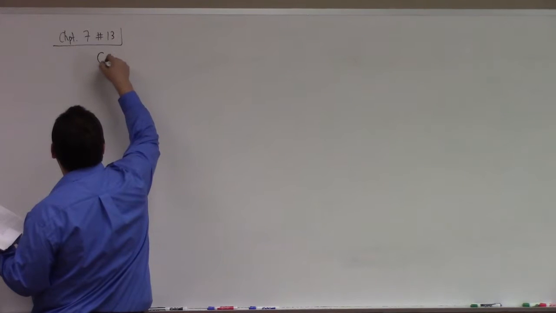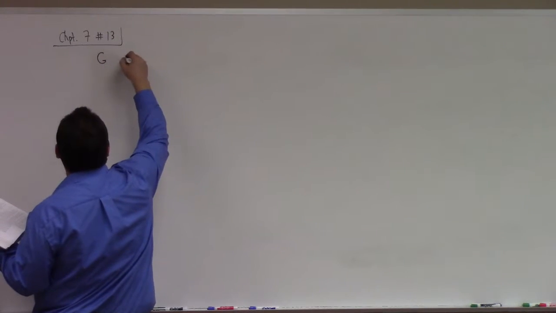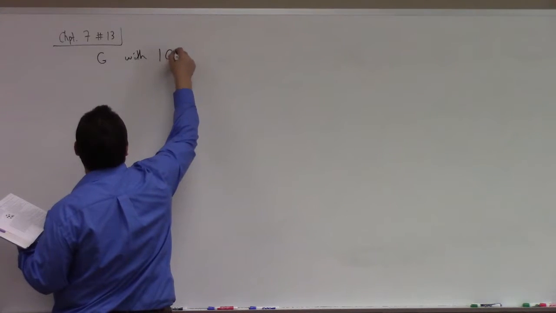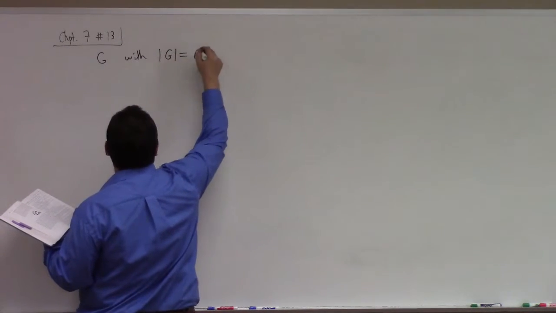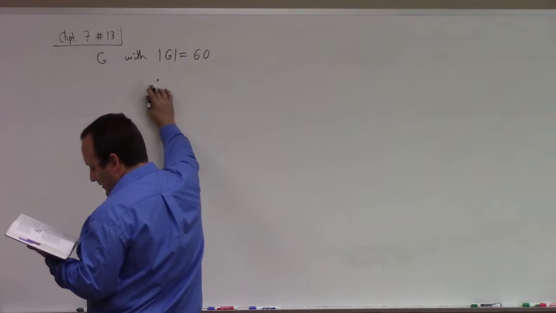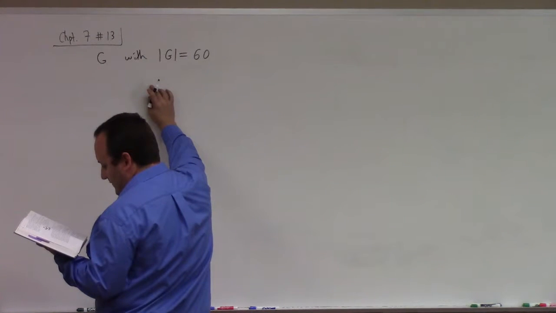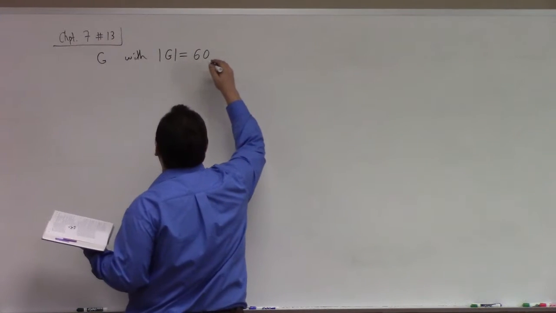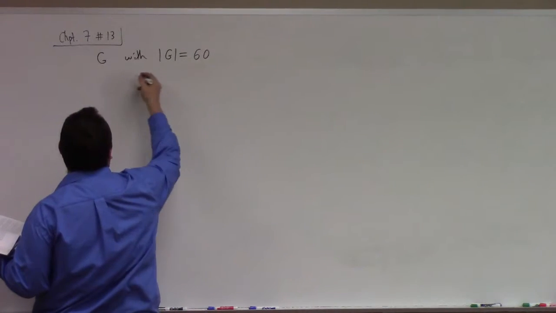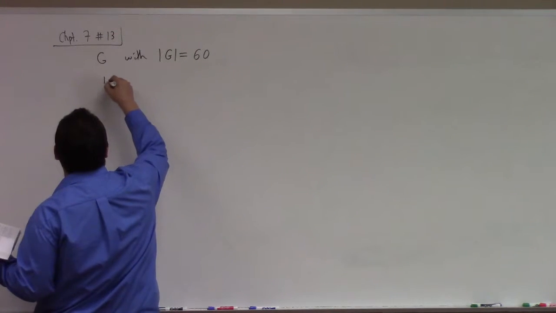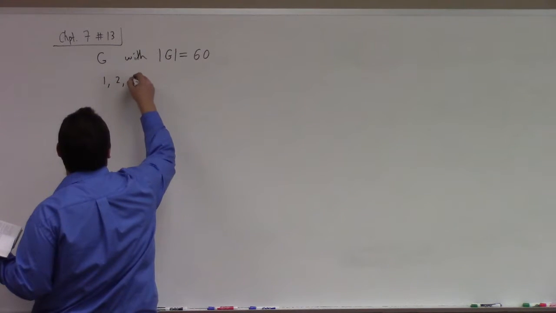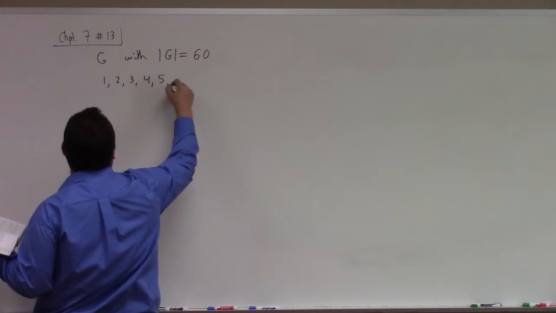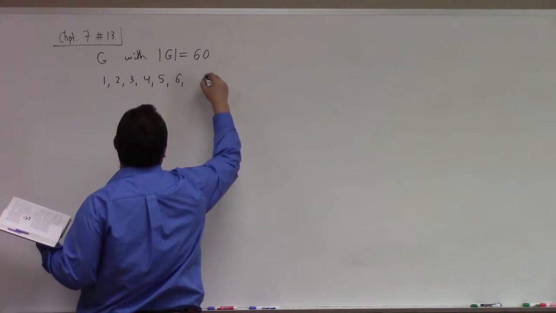G is a group. The order of the group is 60. All right. So the question is, what are the possible orders for subgroups of G? I guess this is too easy. So let's see here. What are the positive divisors of 60? 1, 2, 3, 4, 5, 6, 7, 8.